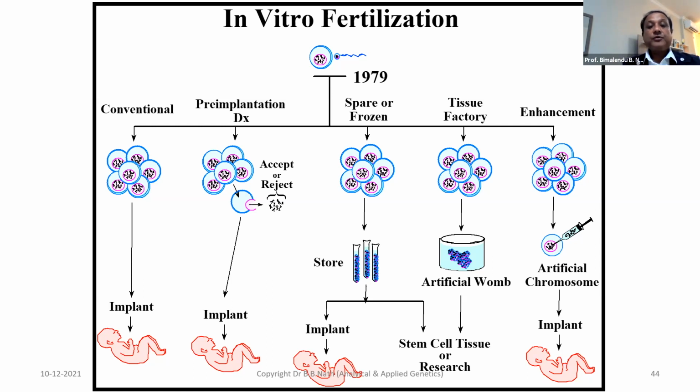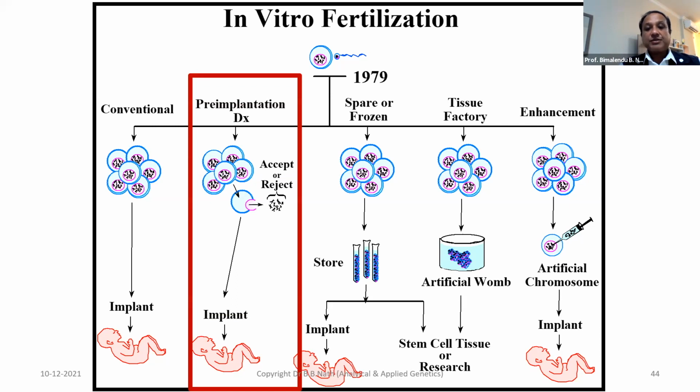If the test result shows that it is genetically abnormal, you can accept or reject, and you do not go further to implant. So pre-implantation diagnosis occurs at this stage, and you can take a decision, accept or reject.